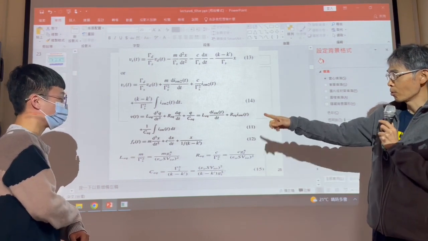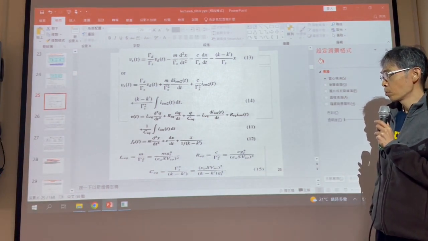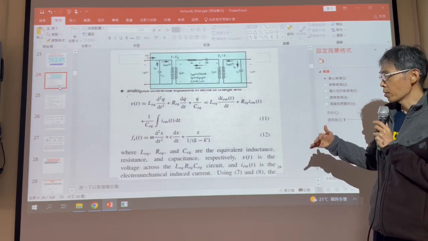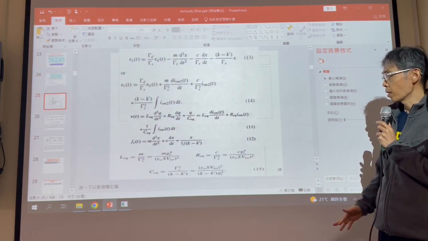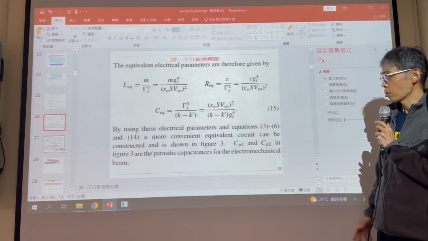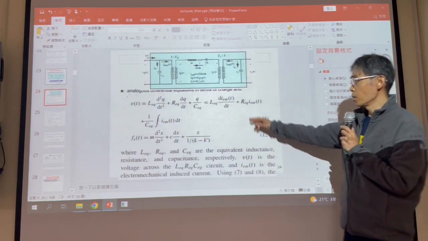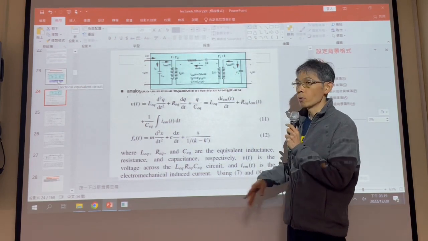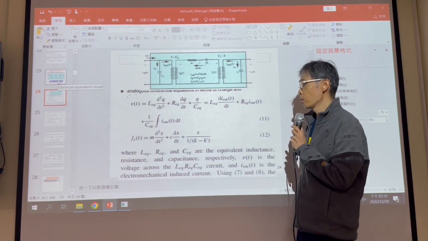Can you turn to previous page? Originally we had this equivalent circuit, but we want to simplify this one again.